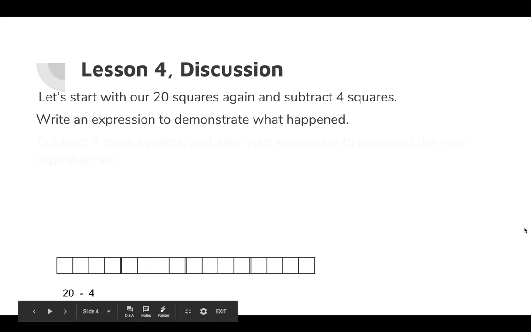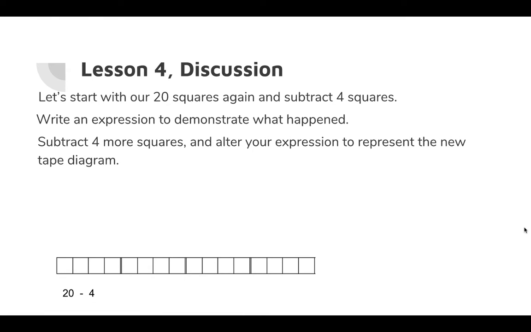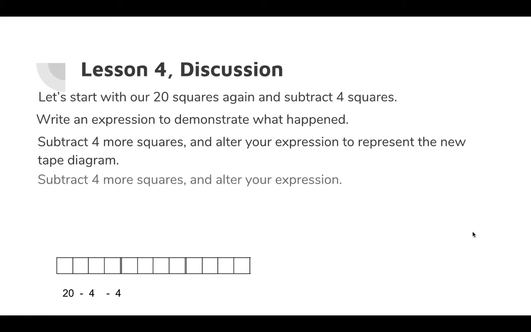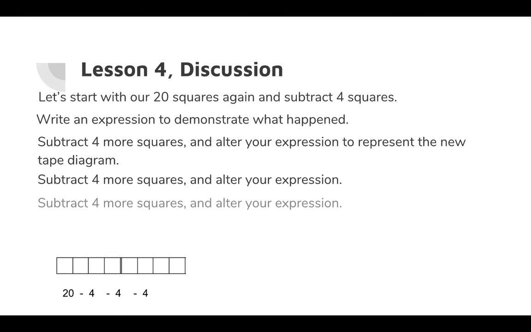20, take away 4. Subtract 4 more squares and alter your expression to represent the new tape diagram. There goes my 4 squares, and there's my altered expression. 20, take away 4, take away 4. Subtract 4 more squares and alter your expression. There's another take away 4.